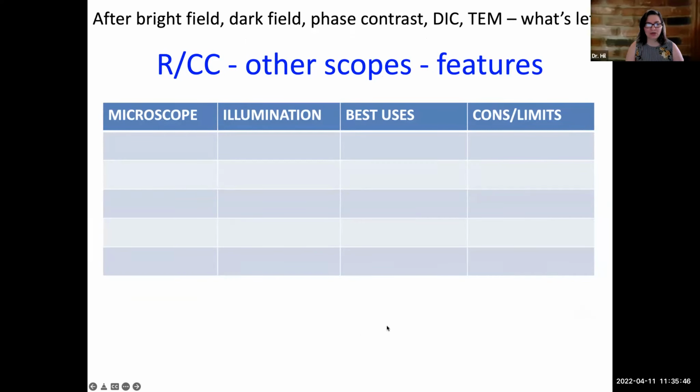Love it. Okay, now there were some other microscopes you needed to know about. So after bright field, dark field, phase contrast, DIC, and transmission electron microscopy, what else did you have to know about? Put into the chat the name of any of the other microscopes you have to know about from this section.